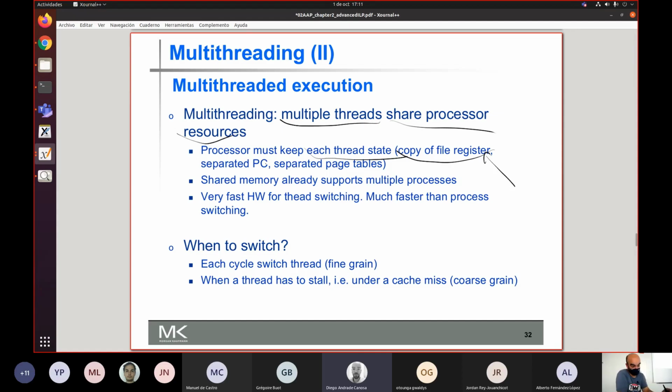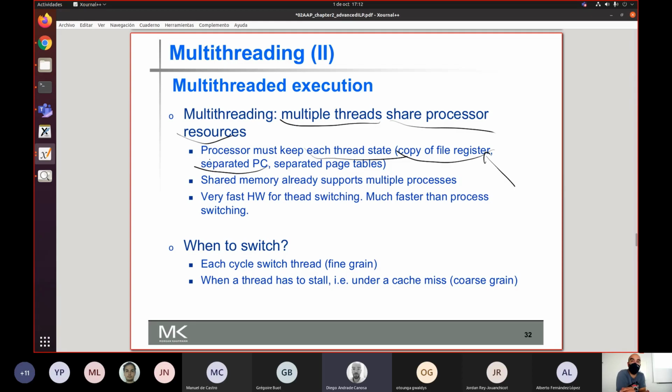Also, you have to keep separate program counters. The program counter is a special register where you store the address of the next instruction to be executed.